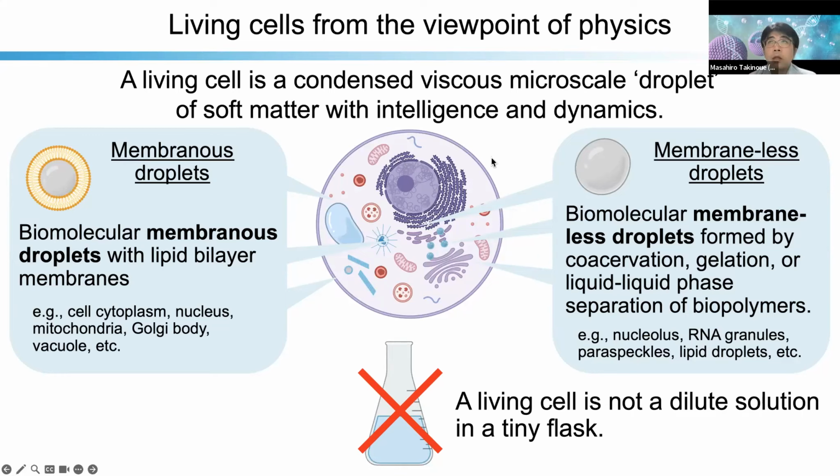And also, the chromosome, nucleus, and RNA granules are biomolecular membraneless droplets formed by coagulation, gelation, or liquid phase separation by polymers. So we have to develop a methodology to program such condensed, viscous, micrometer-scale droplets.